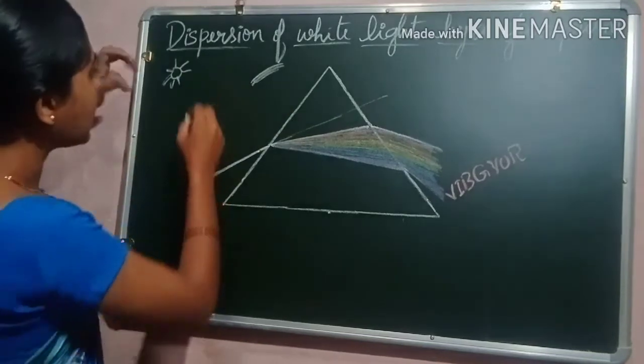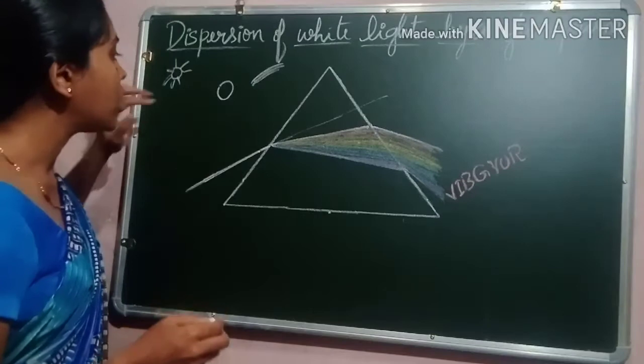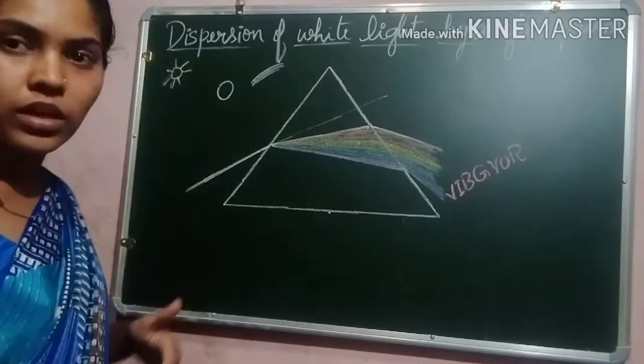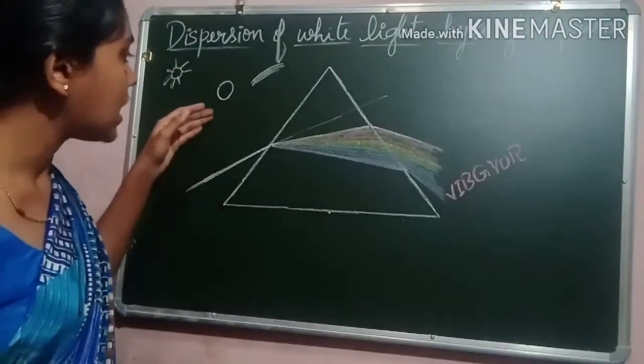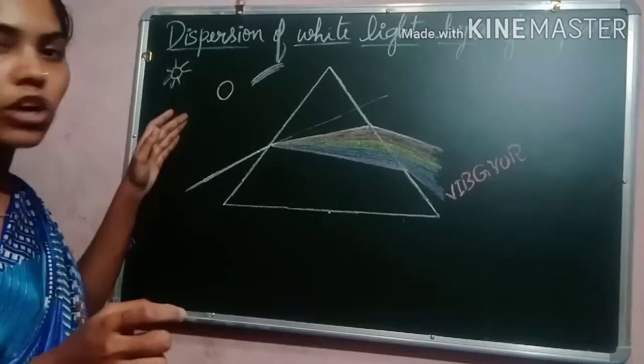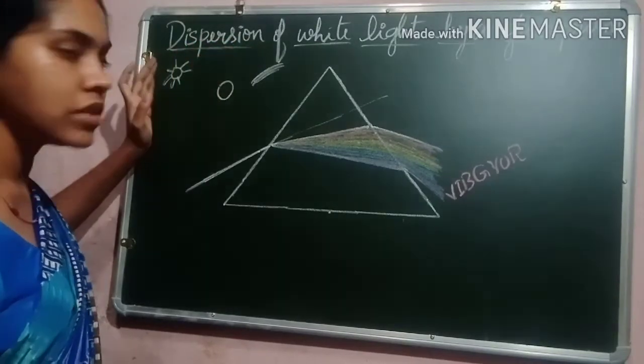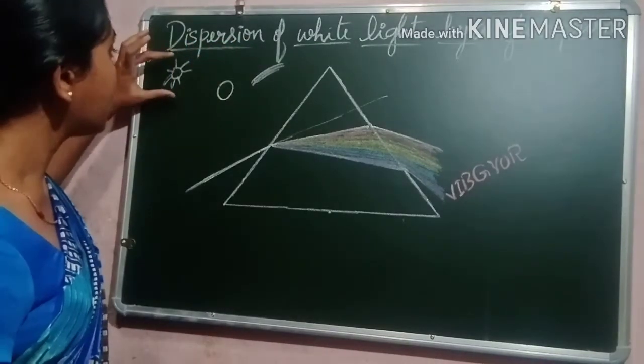When sunlight falls on tiny droplets of water, the rainbow is formed by dispersion. So the rainbow always forms opposite to the position of the sun.